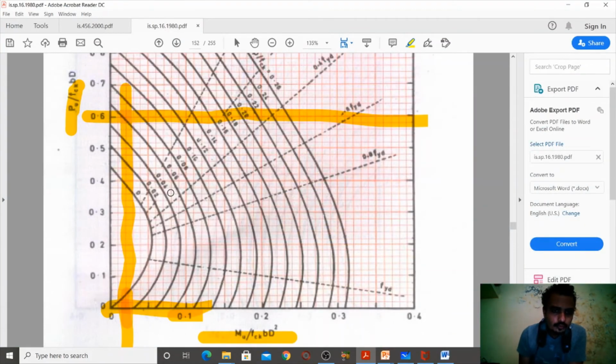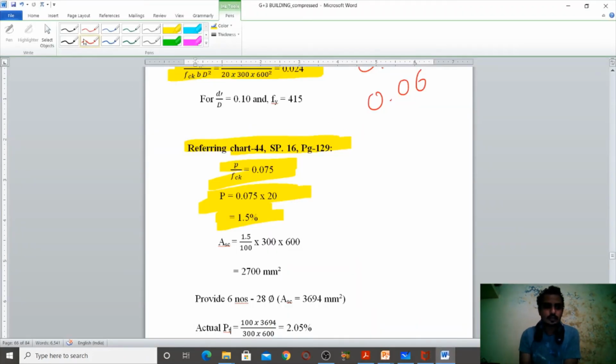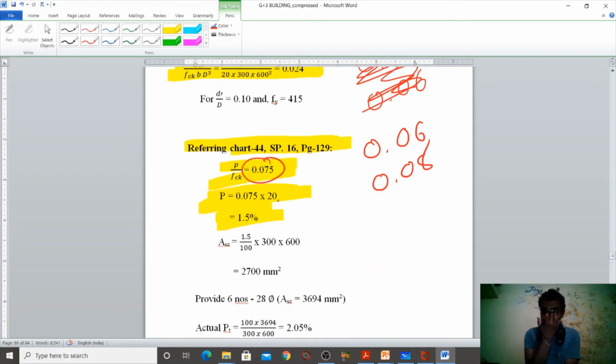Okay, 0.6 and 0.8, so the value is in between 0.06 and 0.08, so the value is 0.075. Then after ASC, we got 2770 mm square.